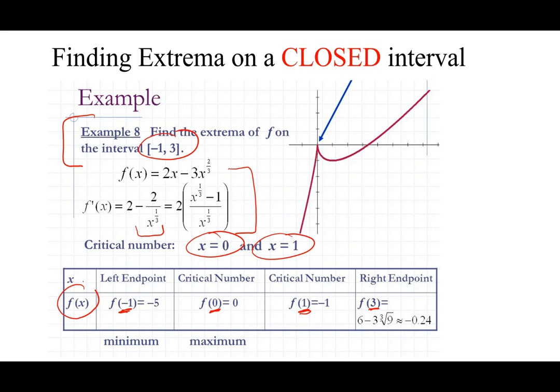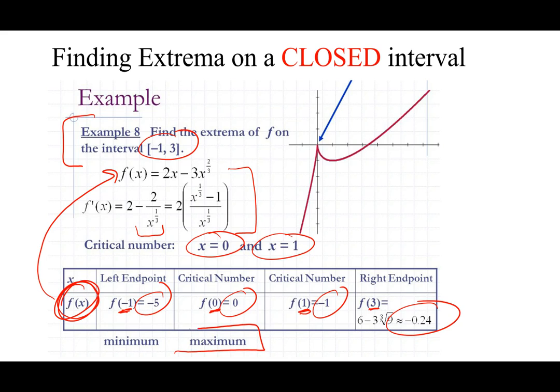You're then going to plug them all the way back into the original f using a calculator as needed, and find the corresponding y values. Decimals, positives, negatives, anything is fine. Once you find your possible y values, you're going to locate the largest one, which in this case would be 0, and conclude that that is the absolute maximum.